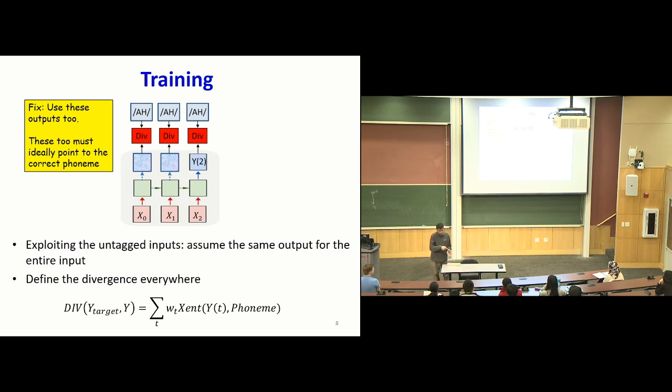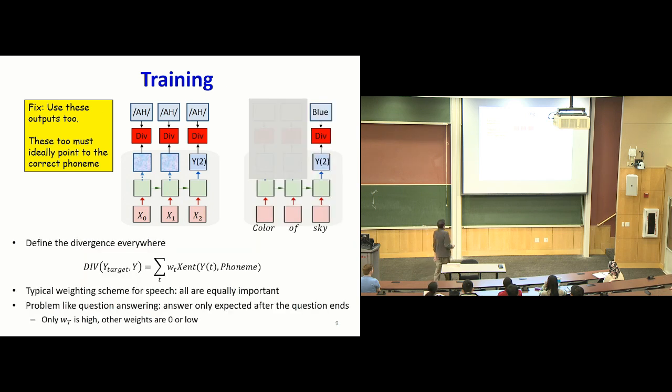And now I can compute a derivative. I can compute a divergence over two sequences, which is, again, for this particular setting, we are going to assume that the total divergence is the sum of the divergences at individual times, or a weighted sum of the divergences at individual times. And this I can use.